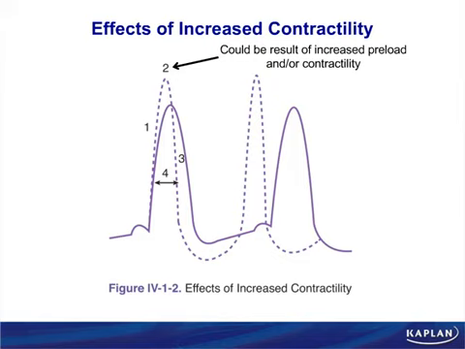On the other hand, systolic interval goes down if I increase the inotropic state. So a decrease in systolic interval tells me an increase in contractility. That tells me it's not a Frank-Starling mechanism. And it can be important for us to separate whether a mechanism is Frank-Starling or a mechanism is contractility.